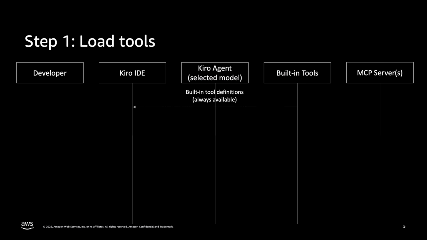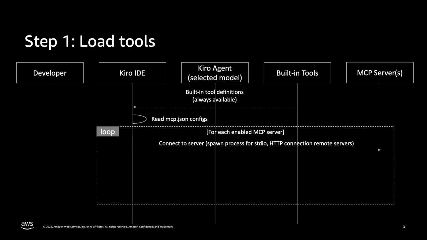When Kiro starts up, the first thing it does is load its built-in tools. Things like file read and write, code editing, shell commands, and others. They come bundled with the IDE and are always available. Next, Kiro reads your mcp.json configs.